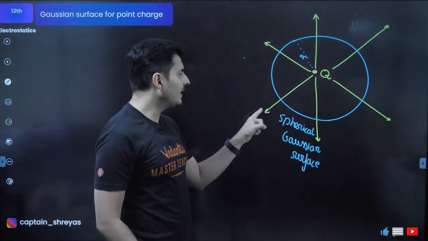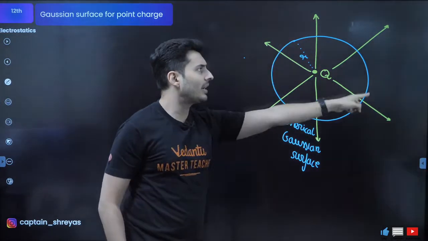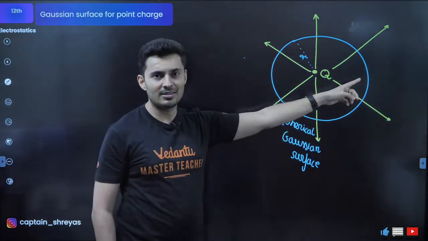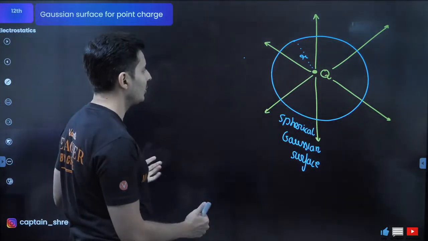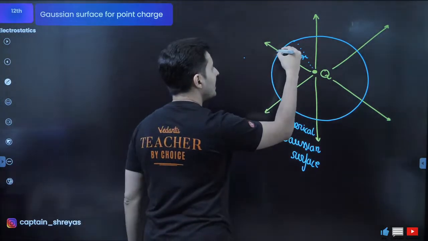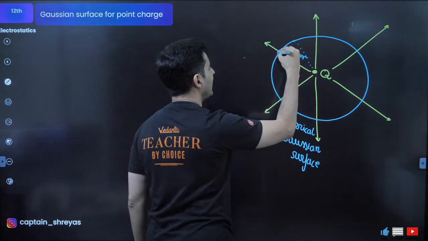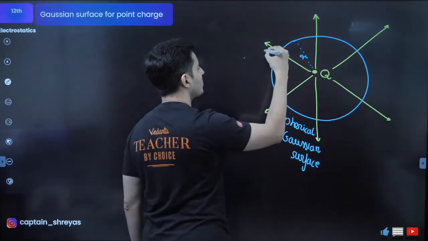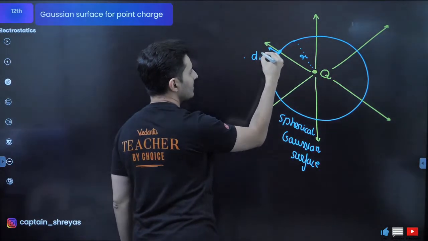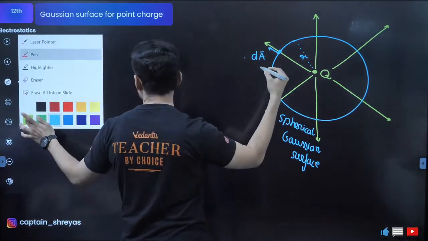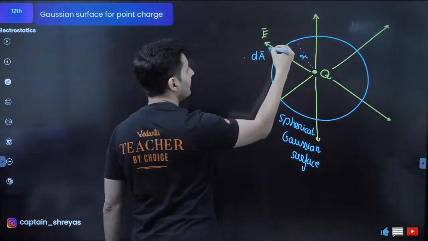So here field is directly outwards. I know the magnitude is same everywhere because the distance is same. So maybe things might turn out to be a little bit easy. So if I happen to choose an area vector anywhere, this is your area vector and this will be the field, electric field at that point.